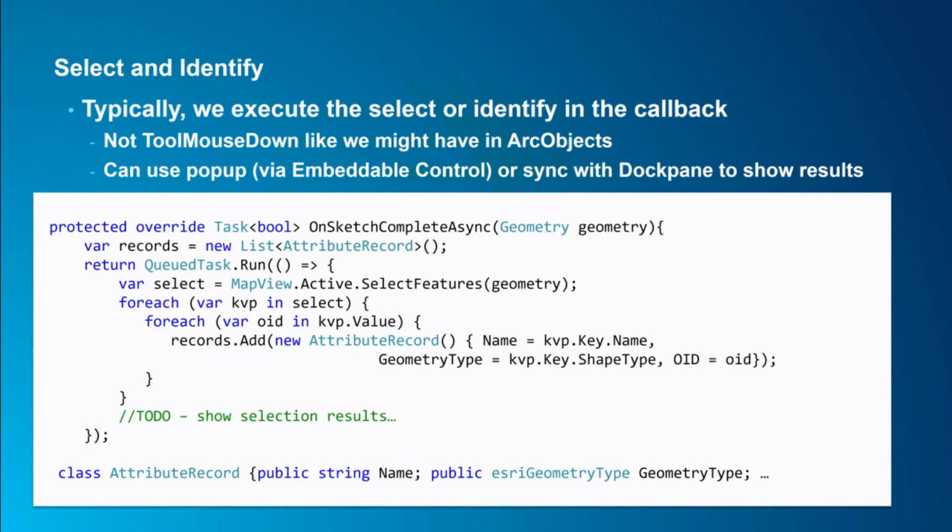So down here, this is a little code snippet. On Sketch Complete Asynchronous, you get the geometry. Again, we run this to the task scheduler within ArcGIS Pro, so we use QueuedTask.Run. And within that, we perform the selection and then some custom action on our selection.